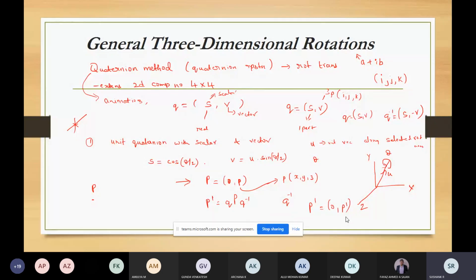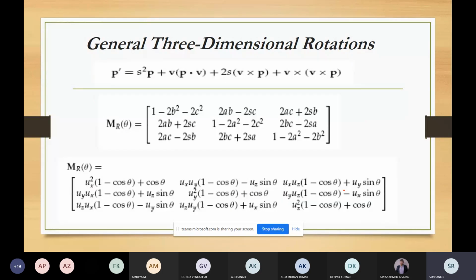Similarly, the second term is the rotated point position, where P dash is given by this equation.